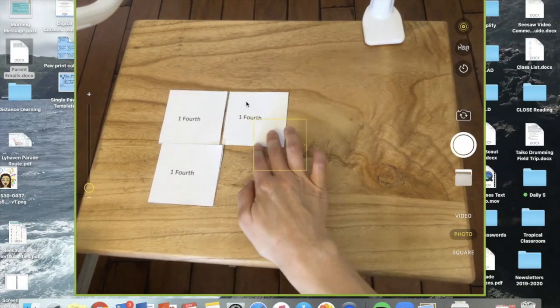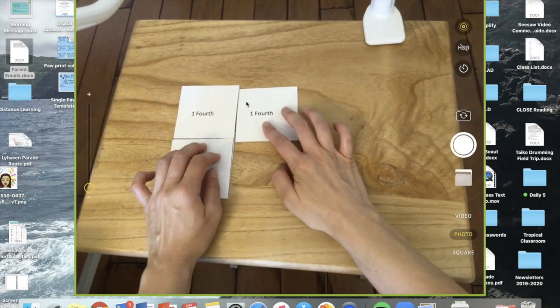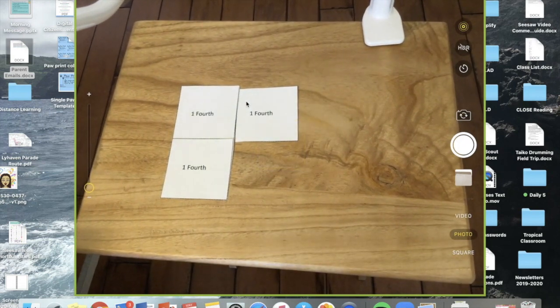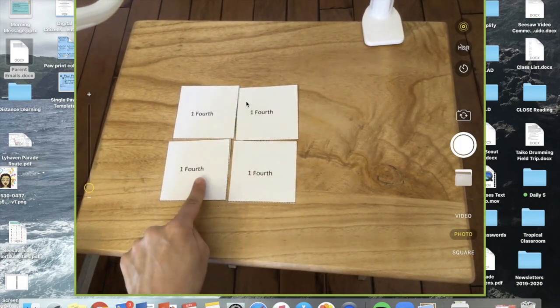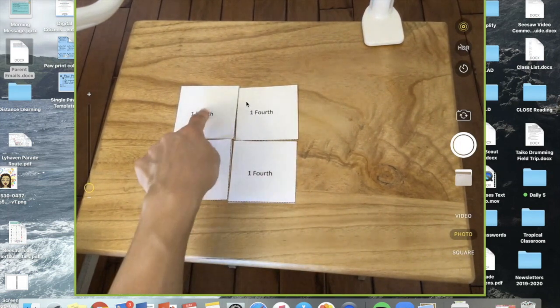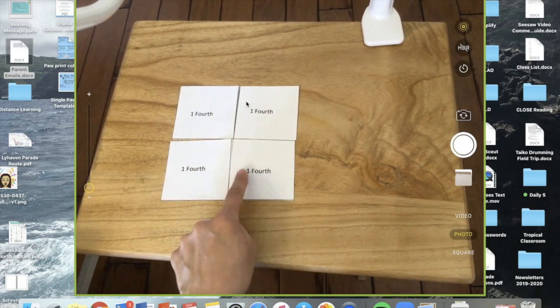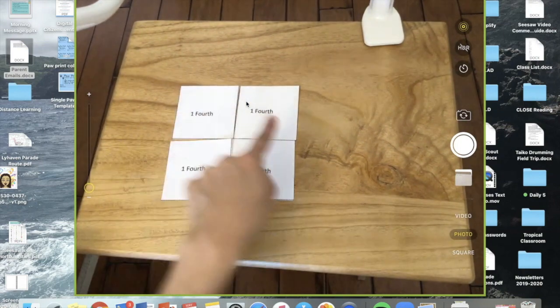And I'm kind of making a square shape, if you can see. And then how many more pieces do I need to add on to complete my shape so that it shows one whole? So if you said one more, you are correct, because as you see, there's this blank space. But because it is fourths, you can describe this as 1/4, 2/4, 3/4, and 4/4, or you can say one whole. And this is creating a square shape, okay?